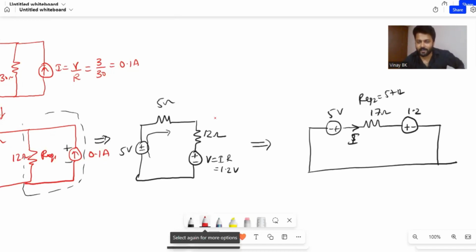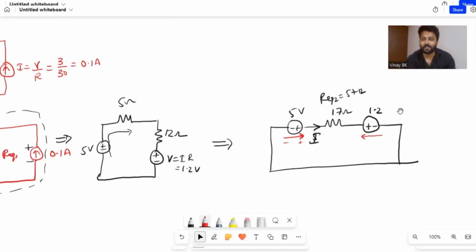Now we can see the polarity of these voltage sources. The 5 volt source is having minus to plus, tail end indicates minus, arrow end indicates plus, and the 1.2 voltage source is having plus to minus, that is opposite. Both are in opposite direction, so there will be a subtraction or difference between these two voltage sources.